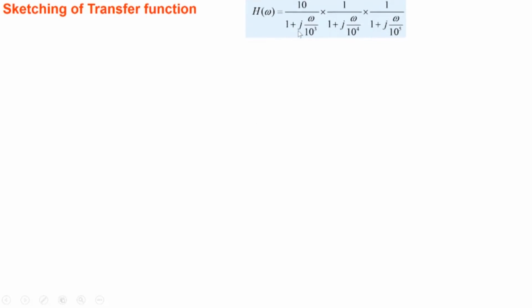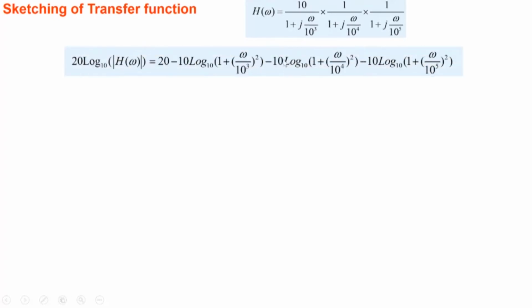So we have H of omega, which is given by three terms here. The first step is to write it out as 20 log 10 of the magnitude of H of omega and express it in terms like this. So 20, then the second term and the third term, and then a fourth term with a corner frequency of 10 power 5.